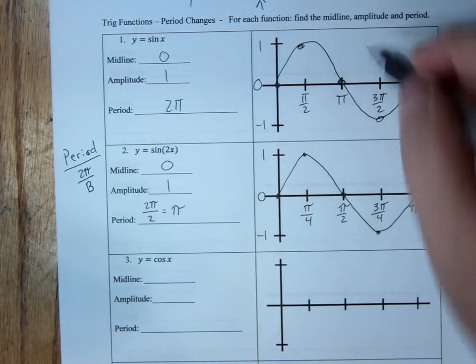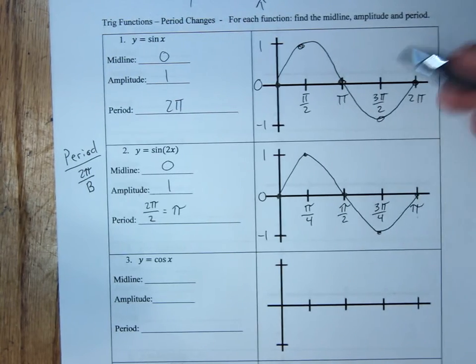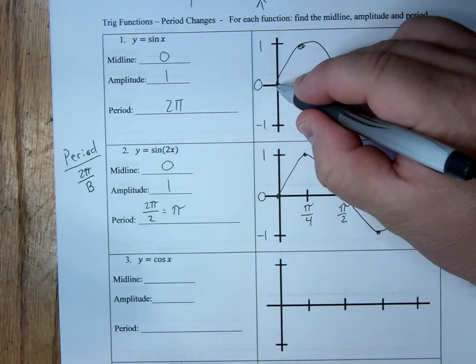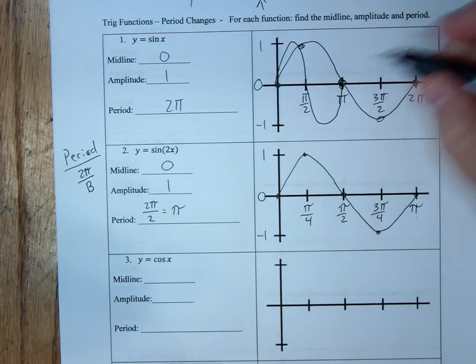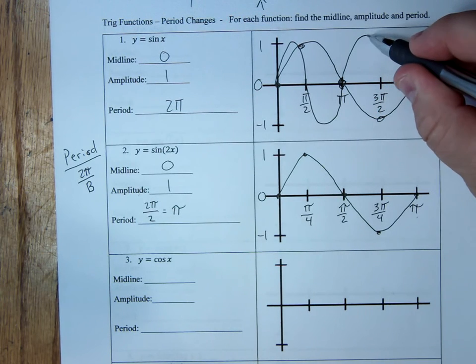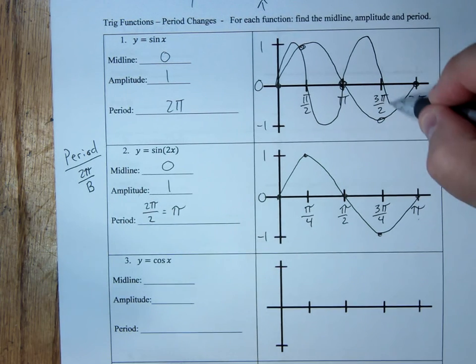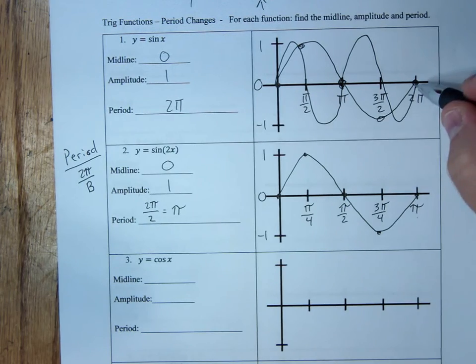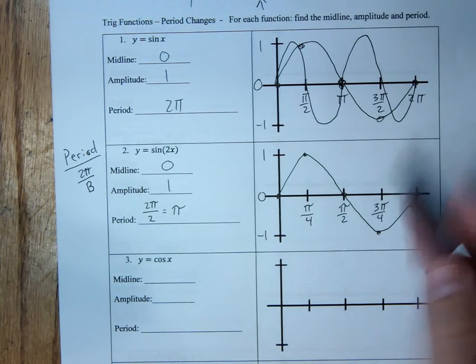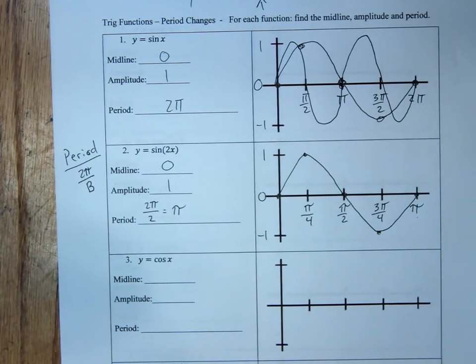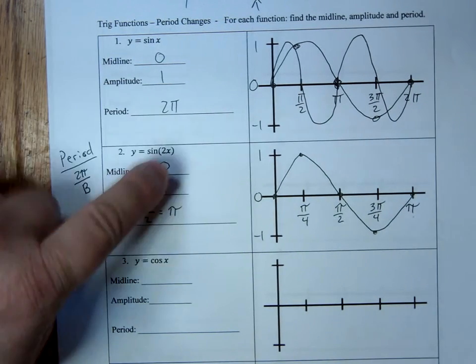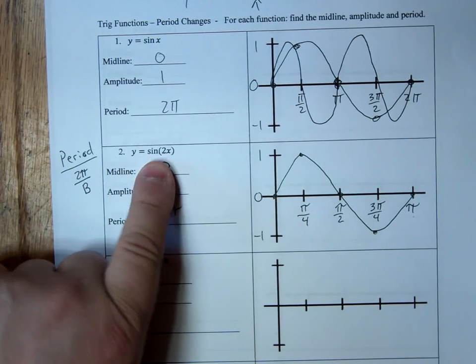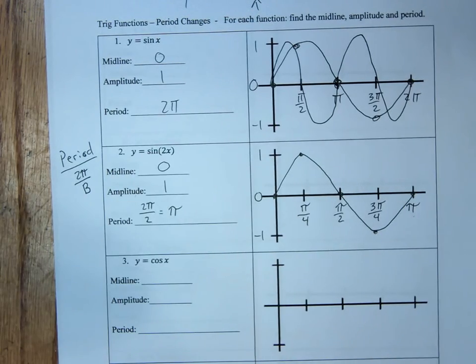If you graph this one with this one at the same time, it would go through one full period by the time it got to pi, and then it would do another full period by the time it got to 2 pi. So this is a much shorter wave, or it's half as long as the original one. So by multiplying by 2, you're actually shortening the wave.